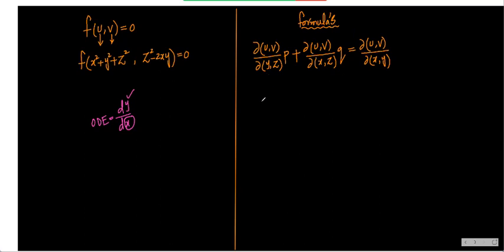Now, how to get these values, that also I'll tell you: how to expand them, that is, how to find the value of Jacobian of u, v with respect to y, z.